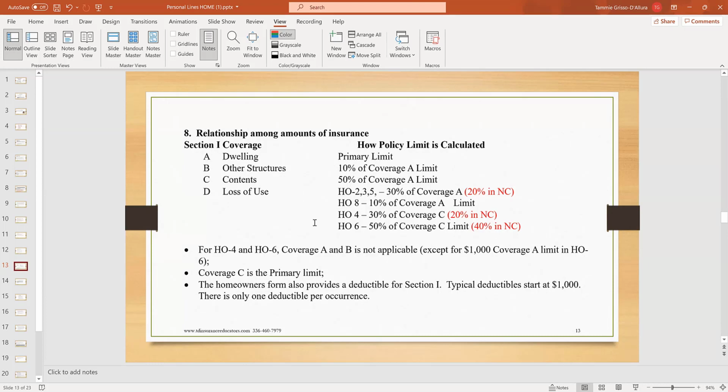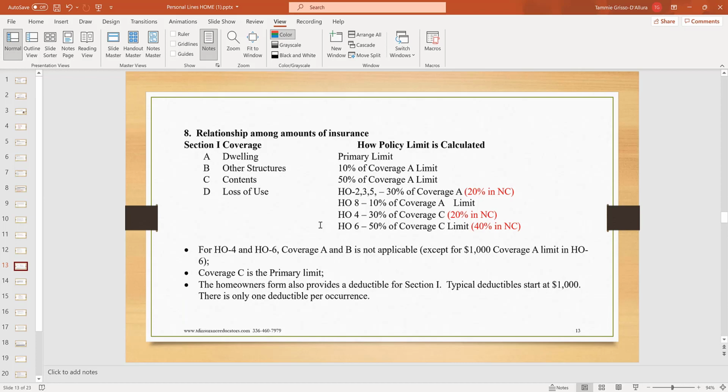And then your HO6 is your condo policy. What happens there is if you own a condo, the condominium association is the one that insures the condo. So they're basically insuring your dwelling. But you still, as an owner, have to have insurance on your contents and your loss of use.